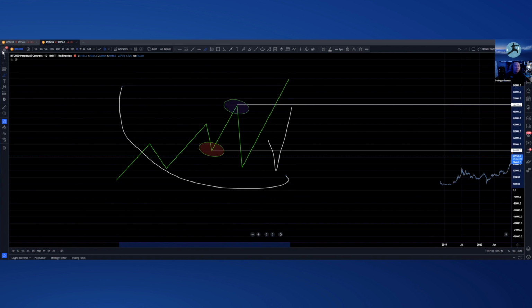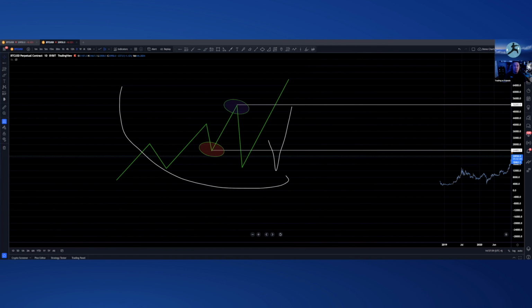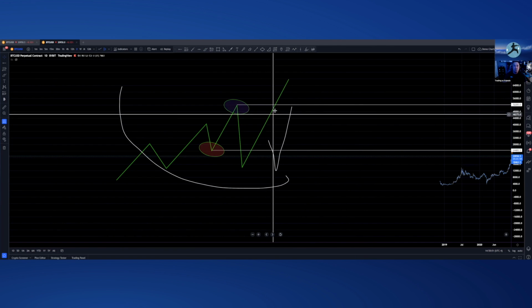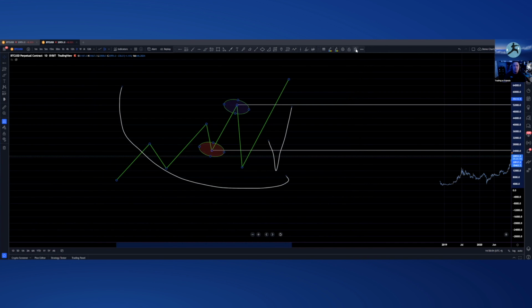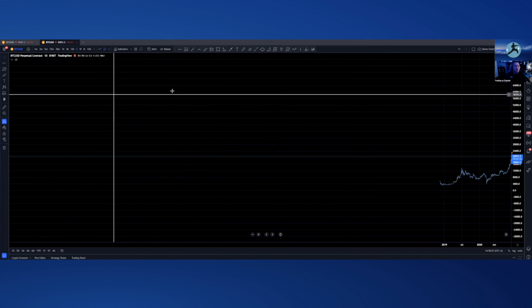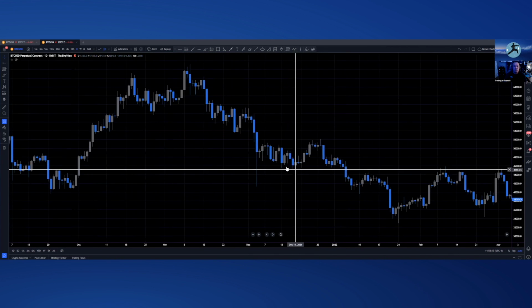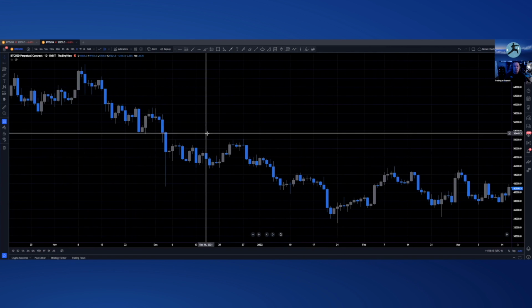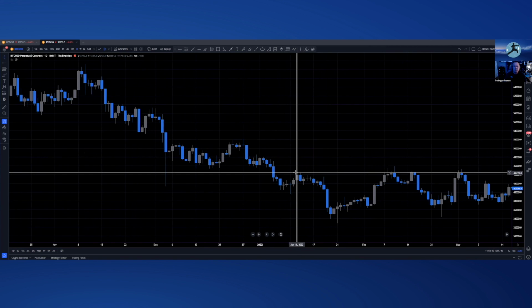Let me erase this. Oops. And that. There we go. All right. So, let me go to chart. It'll be easier. Okay. Let me just find some levels here. Okay, just that one.